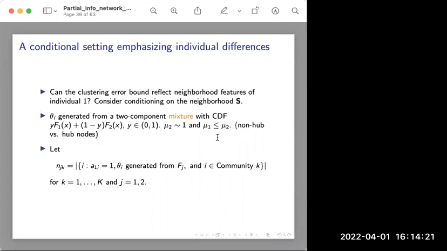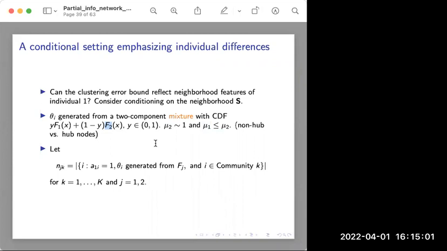And to further illustrate our point, we consider a special case where the degree parameters are now generated from a 2-component mixture model, with proportion y. Mu2 is the mean of the distribution F2, and mu1 is the mean of F1, and we assume that mu1 is smaller than mu2, meaning that F2 is the distribution that describes the degree parameters of the hub nodes.